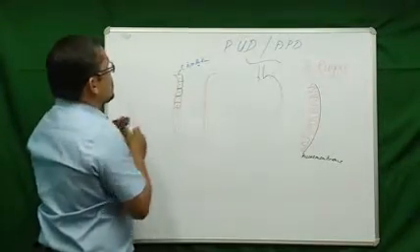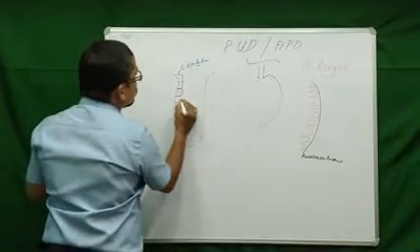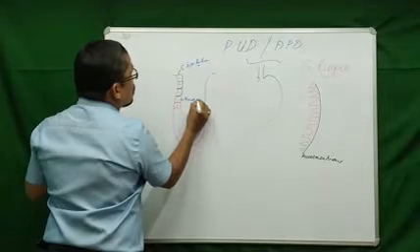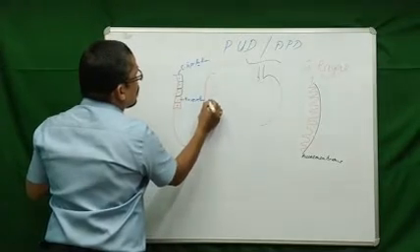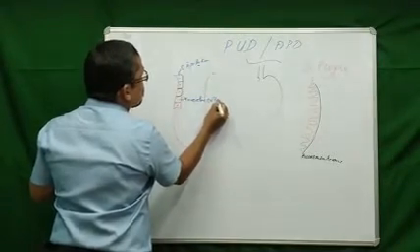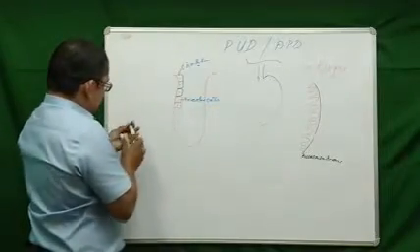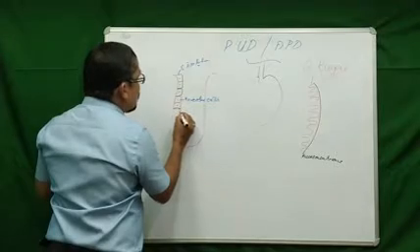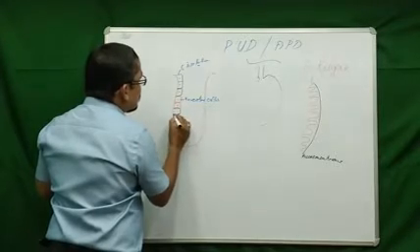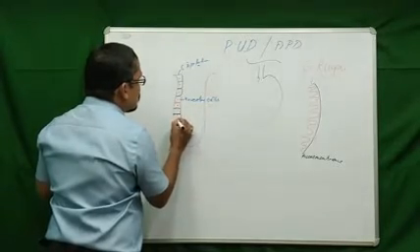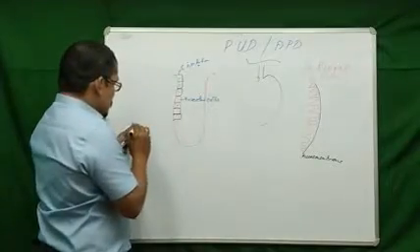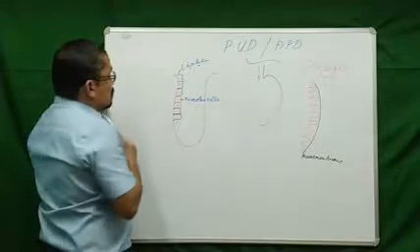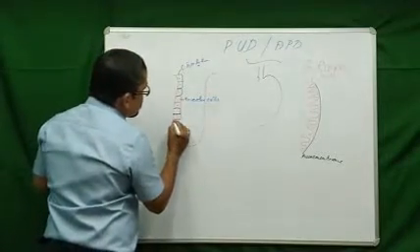These specialized cells are known as foveolar cells. Again, there are columnar epithelial cells, and again some specialized cells.